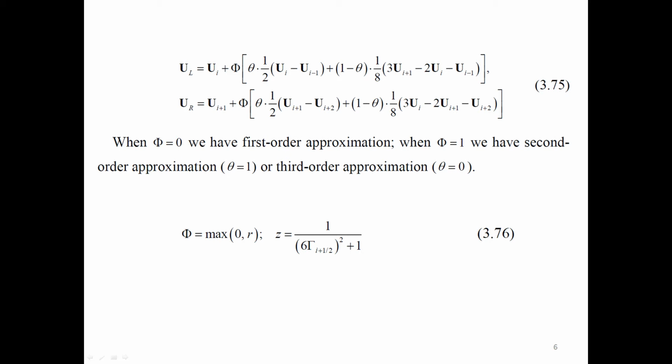The following formula is for phi. Phi is the maximum value of 0 and r, where r is equal to 1 over 6 gamma to the second power plus 1.